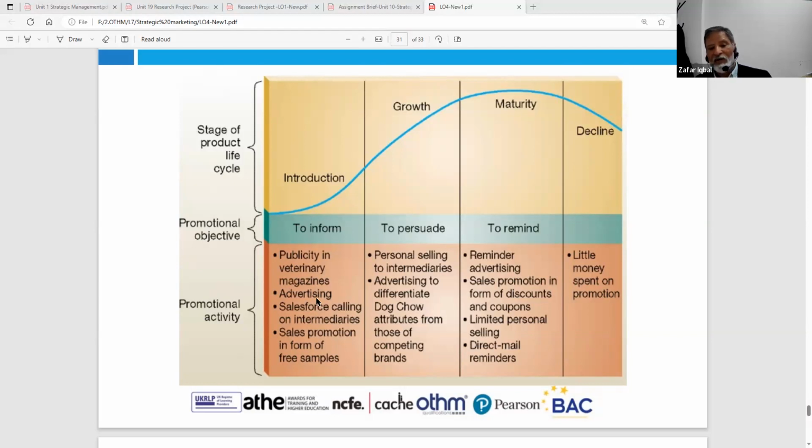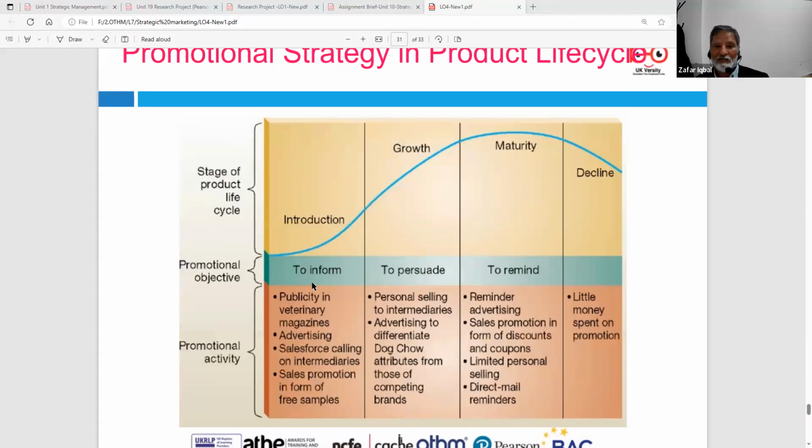We create a lot of free samples. We give the public a publicity taste. At that stage the organization is there to promote and inform about the product at the beginning of the stage.